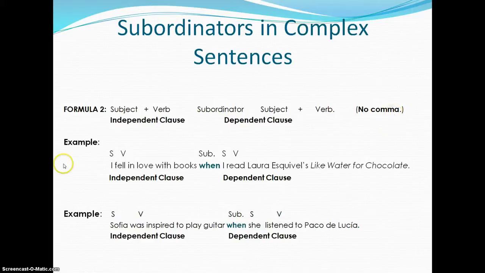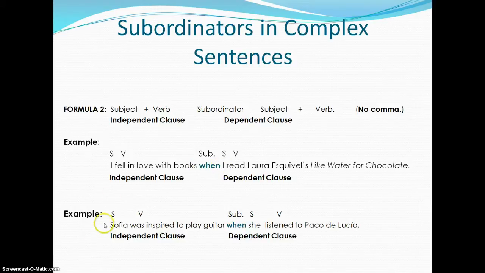In our first example, I just reversed the order: I fell in love with books when I read Like Water for Chocolate. Here we have the independent clause followed by the dependent clause, and notice that we do not place a comma before or after the when.